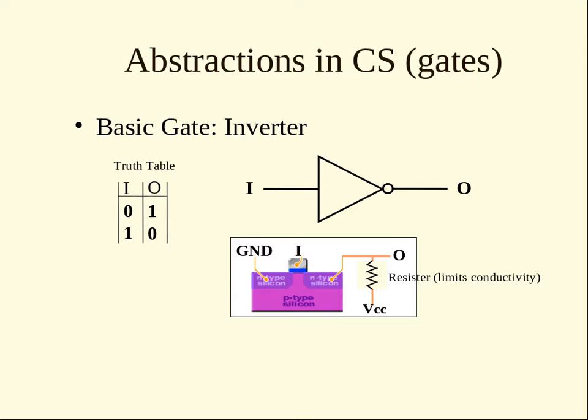That's a resistor, that doesn't count. So there's 1 transistor. So I'm going to say that the time delay for this is 1 for now. There's 1 transistor, so you know it has to be 1. Things are going to get a little more complicated when you add more transistors, but we're just going to stick with 1.